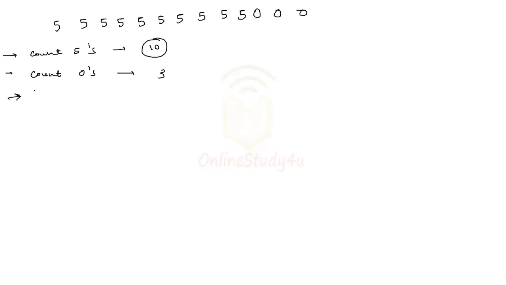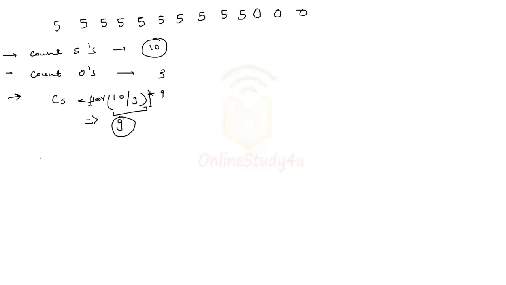But you cannot form a number with 10 fives that will be divisible by 9. So in that case, you calculate C5, the count. When you divide 10 by 9 and take the floor of it, you will get the number as 9.